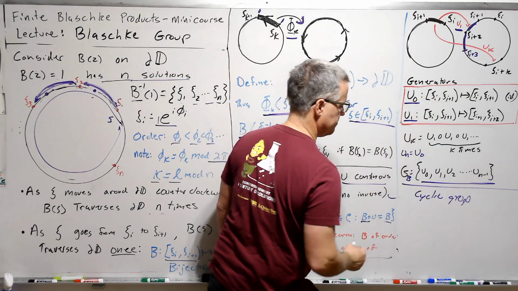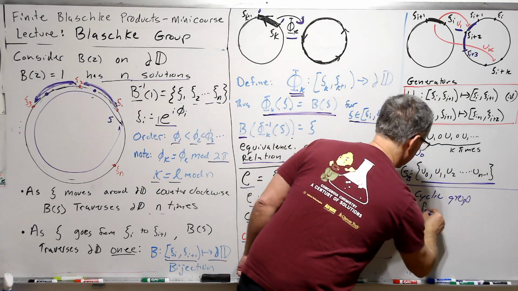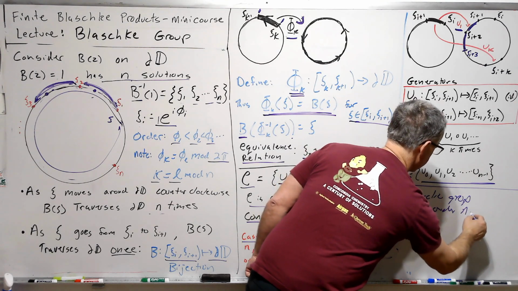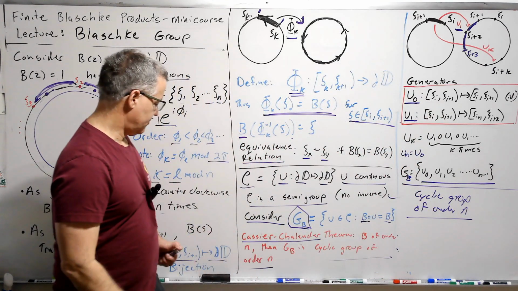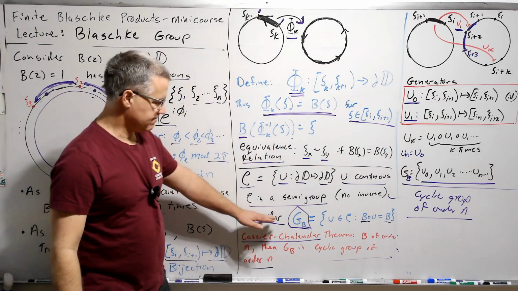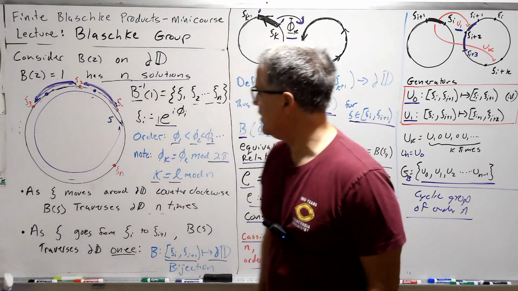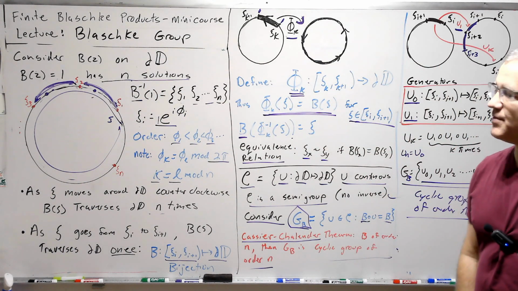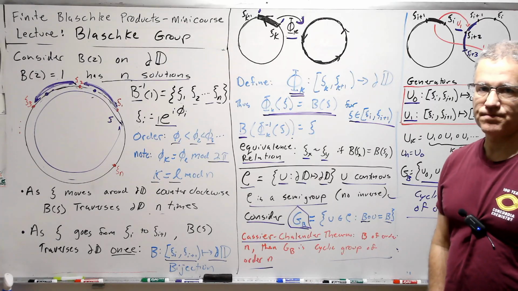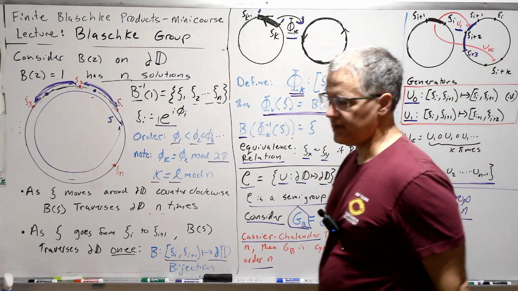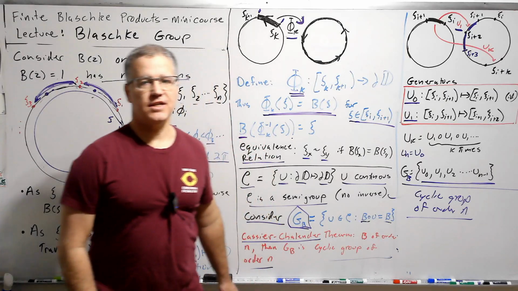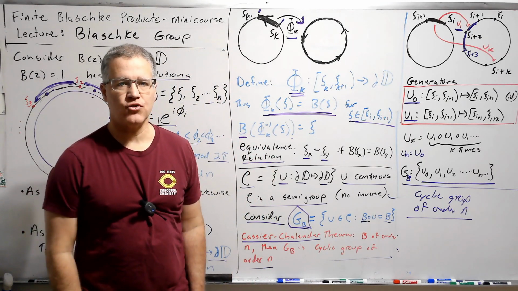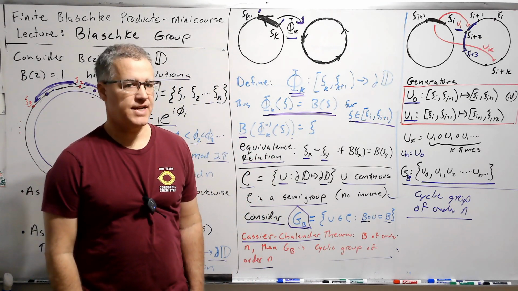There are n pieces, so a cyclic group of order n. And that's called the Blaschke group GB. That's one of the interesting aspects of the Blaschke group. Now we're going to go on to talk about group theory in a slightly different way, with the monodromy group coming up in the next couple of lectures.